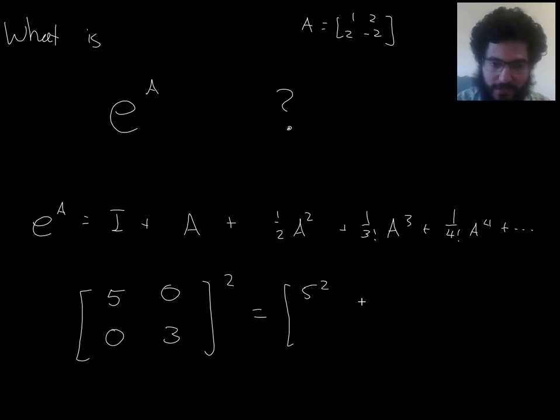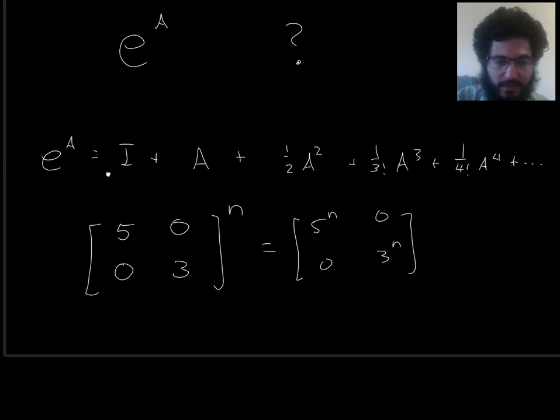It turns out it is just this. You can just square the individual terms. That will fail horribly if you didn't have 0 here and here. But when it's diagonal, when you do have 0 off the diagonal, this works very nicely. And it continues to work for all powers.